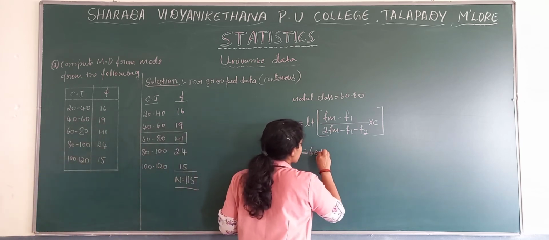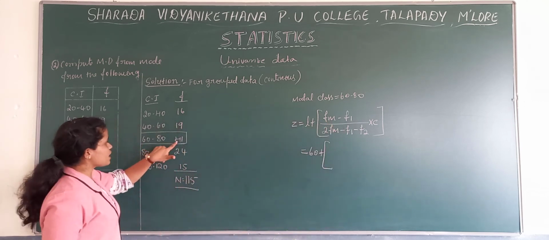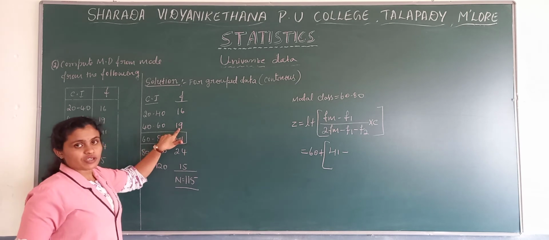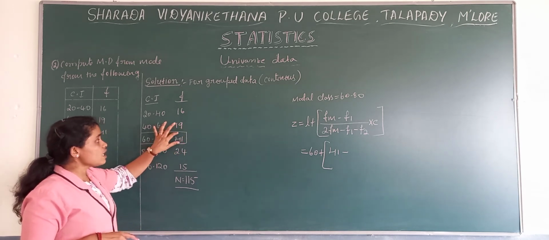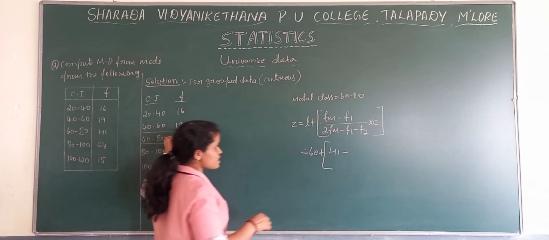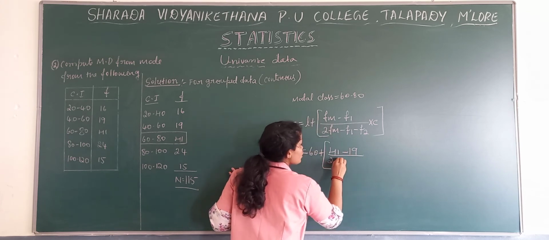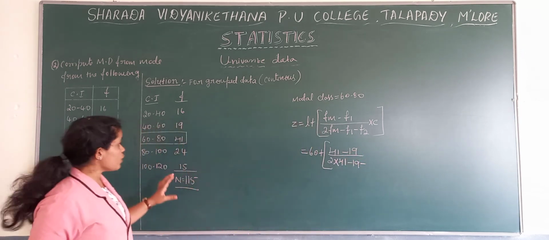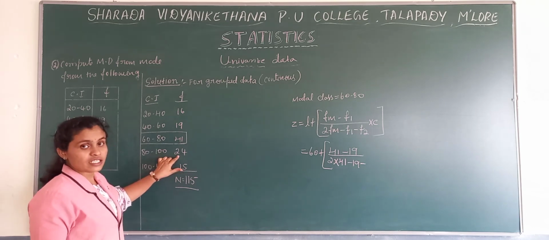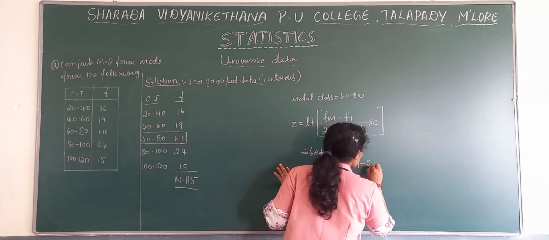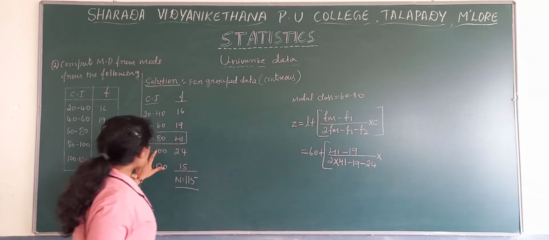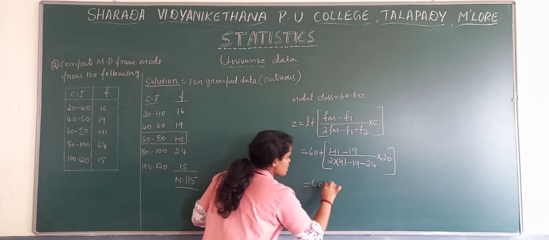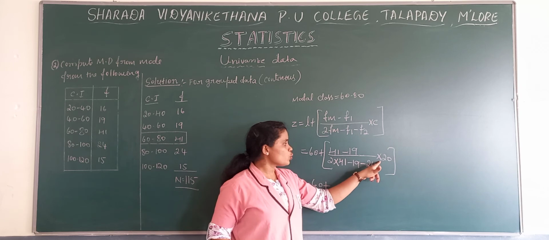Fm is the frequency of the class, 41. F1 is the frequency preceding the modal class, 19. F2 is the frequency succeeding, that is the next one, 24. C is the class gap, which is 20.